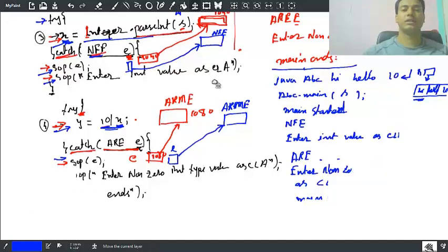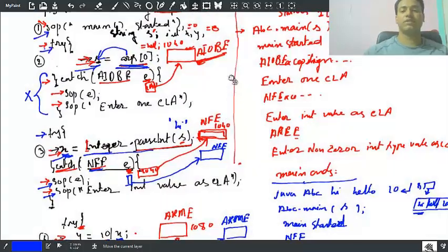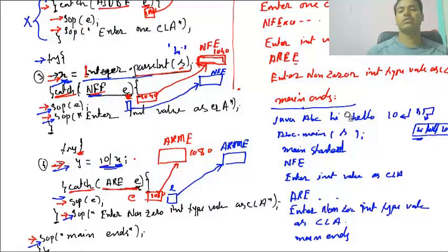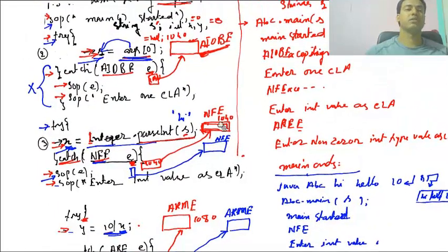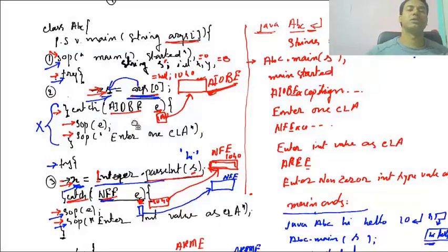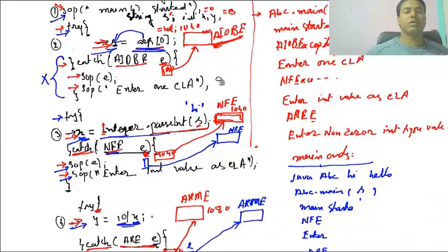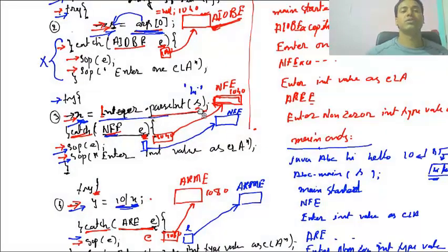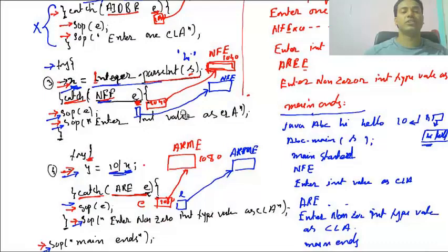Now you notice here that when you have executed with hi and hello, the first try block did not give any exception, so the first catch block was not executed because it got the value. Now the second try block, statement 3, got an exception because the s value is hi, which was not possible to convert to integer type, so it gave a number format exception, which is handled in catch.